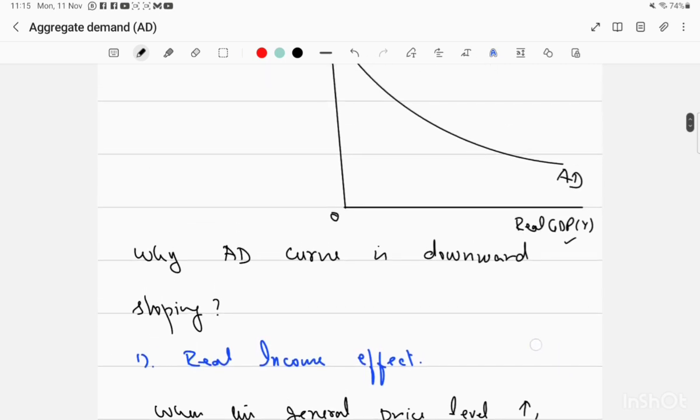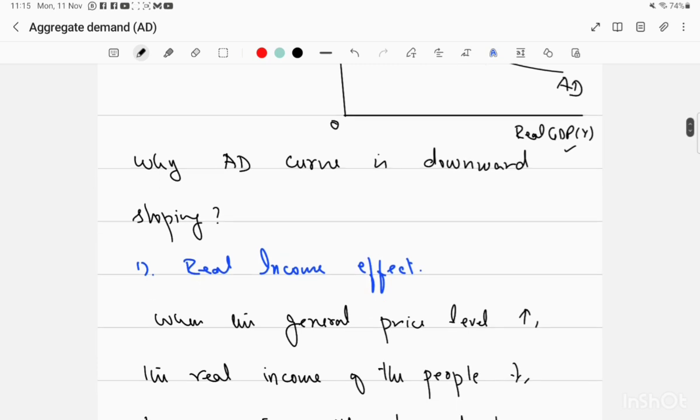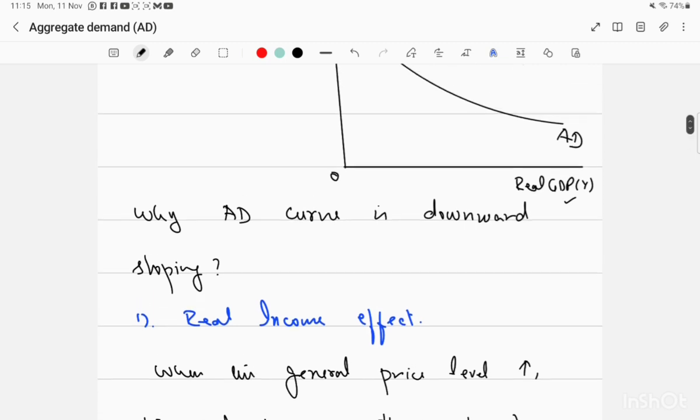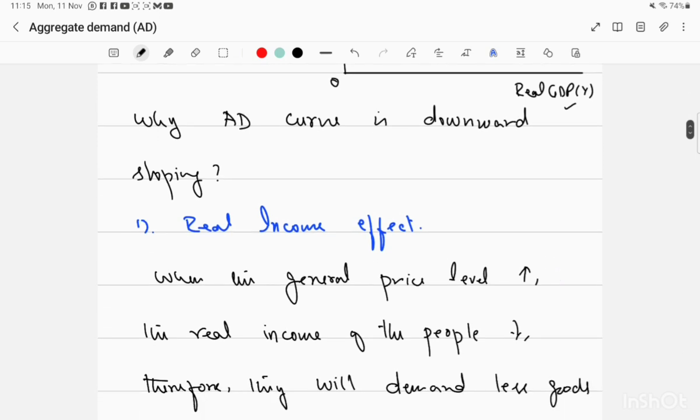Like in microeconomics, when the price of a product decreases, more quantity will be demanded by consumers due to the substitution and income effects of a normal good. A level students might know what is meant by the substitution effect and income effect. Here we will find three reasons why the aggregate demand curve is downward sloping.